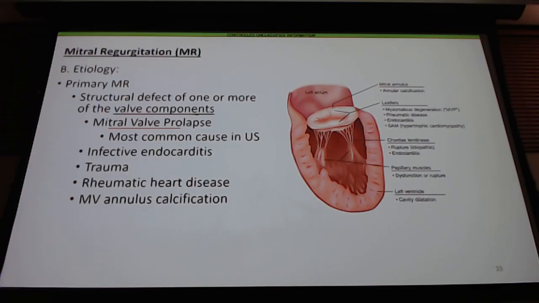Mitral valve prolapse is the most common one in the United States, but other things like infective endocarditis, where you have like an eating away of the valve, and so now you have a hole there, can lead to that. Trauma, rheumatic heart disease can be a primary source for this, because there's damage done to the valve components itself.